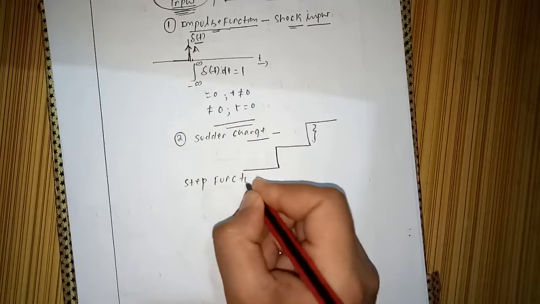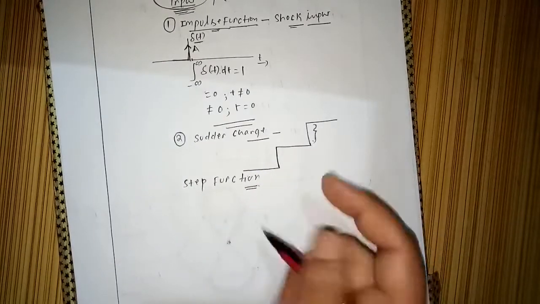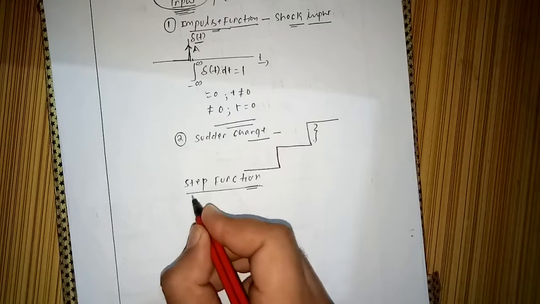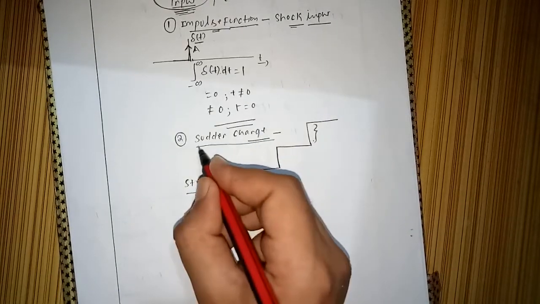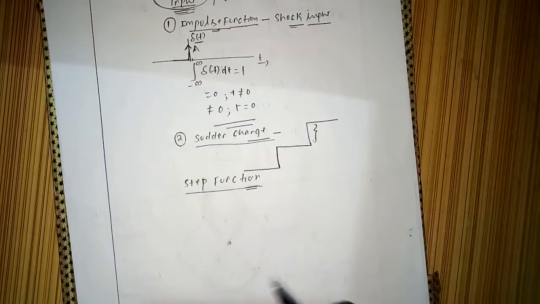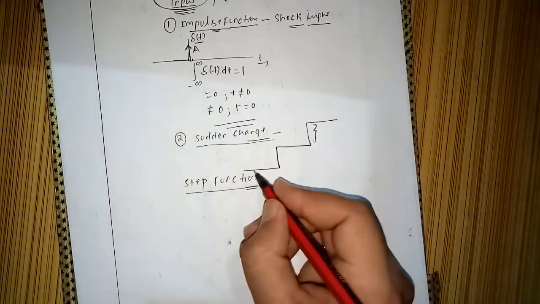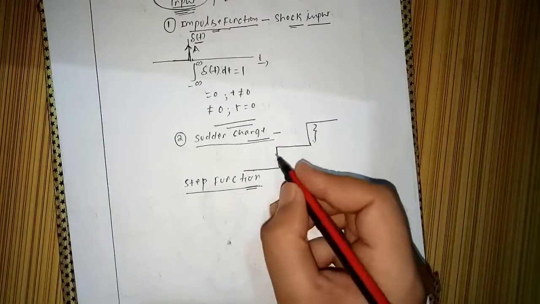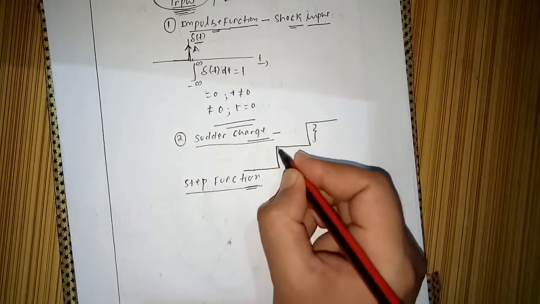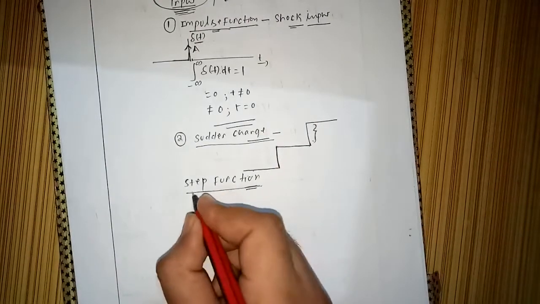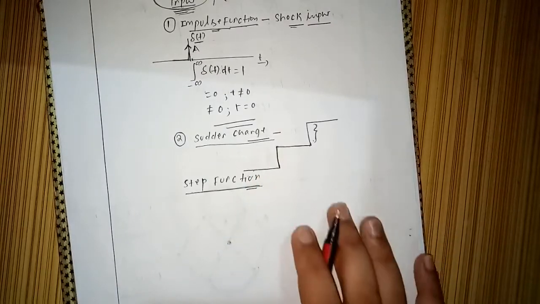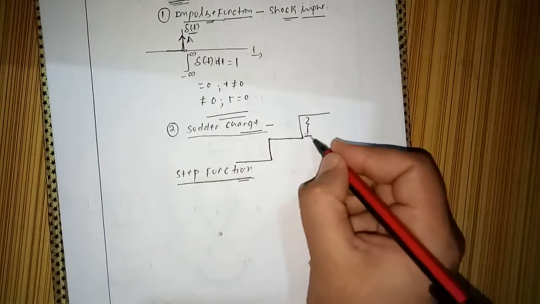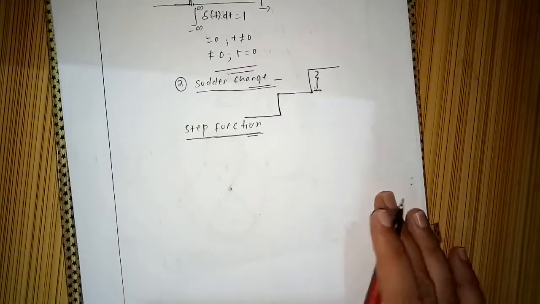The step function is used to determine the properties of the system whenever there is an input which has a sudden change. The input may be anything, but since it has a sudden change, we can use a step function to test how the system will respond to this kind of signal.